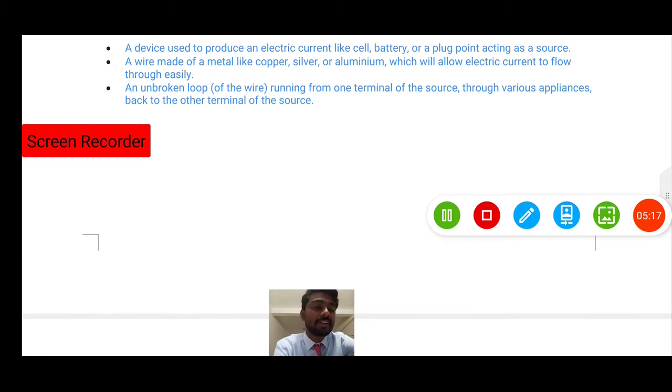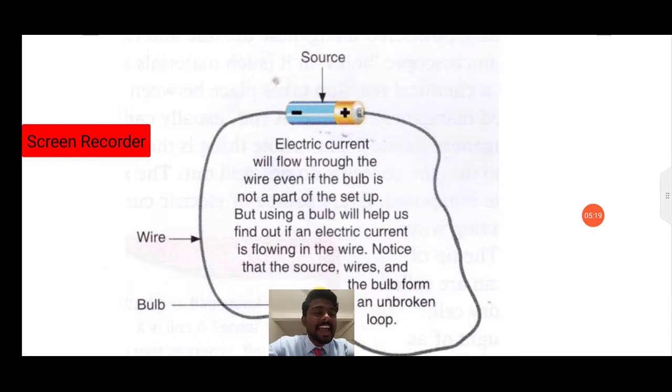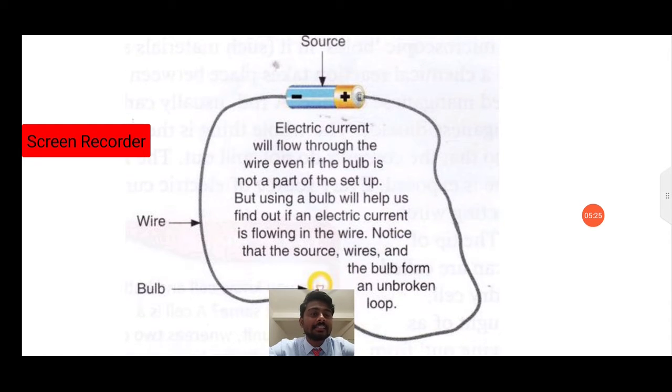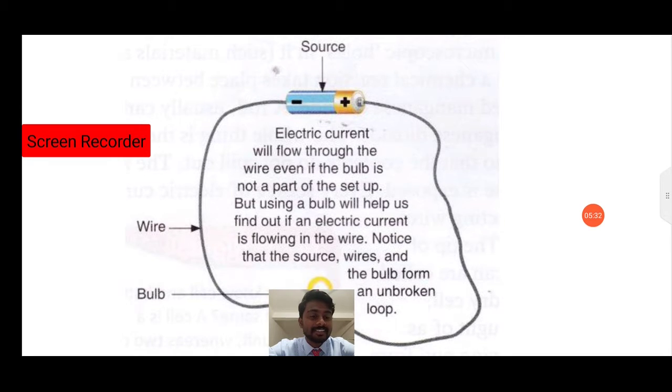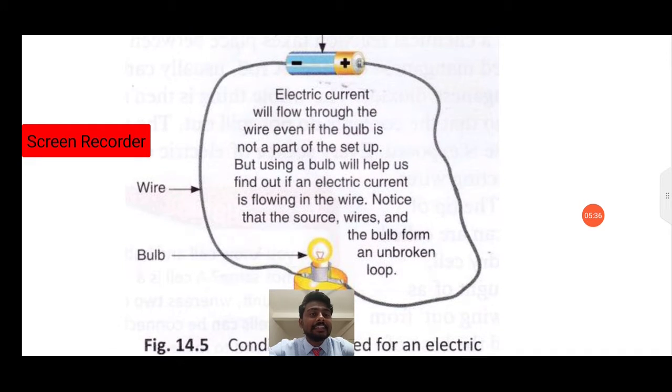Okay, dear students, in the diagram there is a source. It is the electric current source, that is what? A cell. You can see the cell has two terminals, the positive and negative terminals we already discussed. Yes or no? That is a source. Electric current will flow through the wires even if the bulb is not part of the setup.